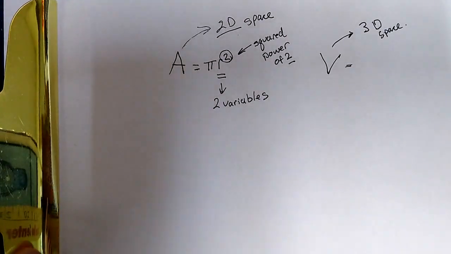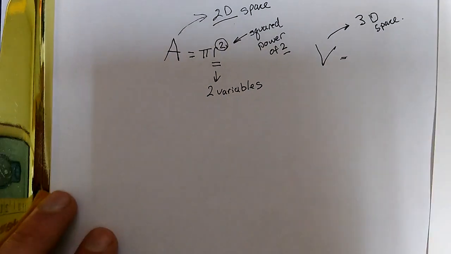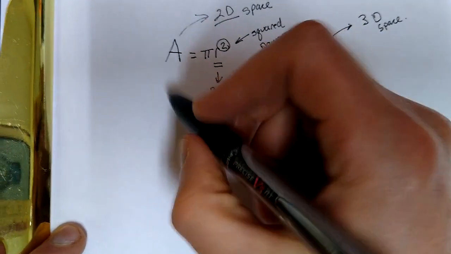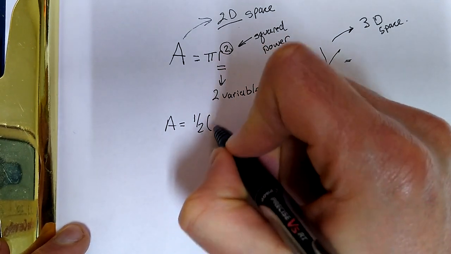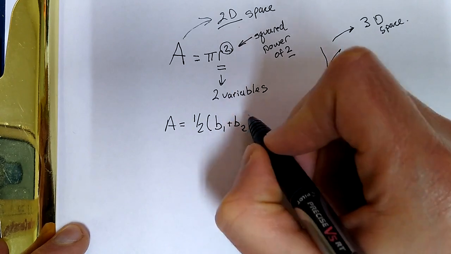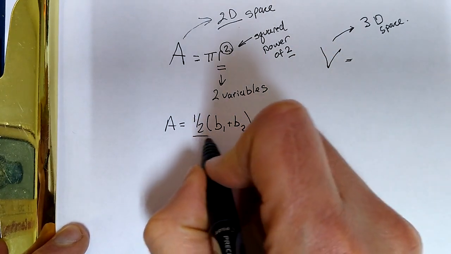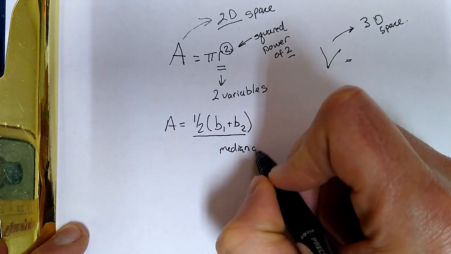So, you know, if we go down the list, well, that's for a circle, great. But if we look at the trapezoid formula, the trapezoid is 1/2 of the average of the bases, basically, or if you remember when we were learning about trapezoids, this is actually the formula for the median of a trapezoid.